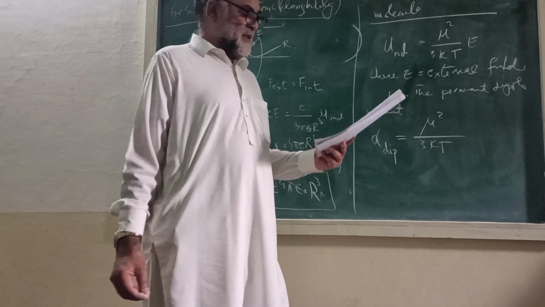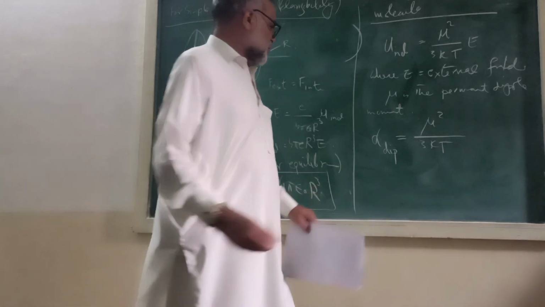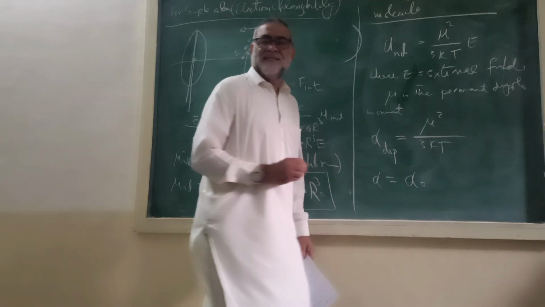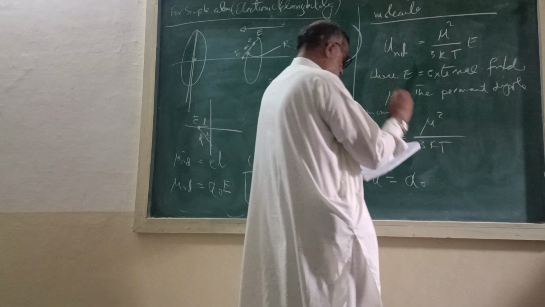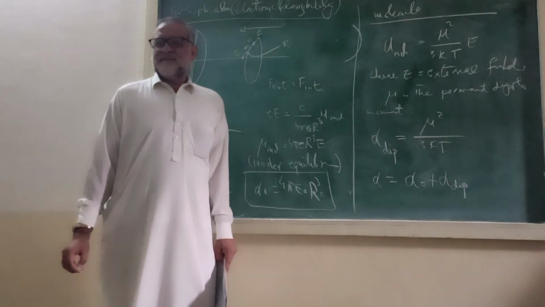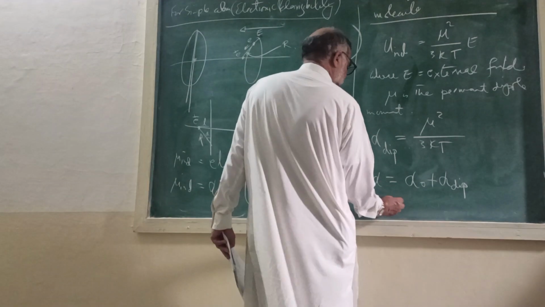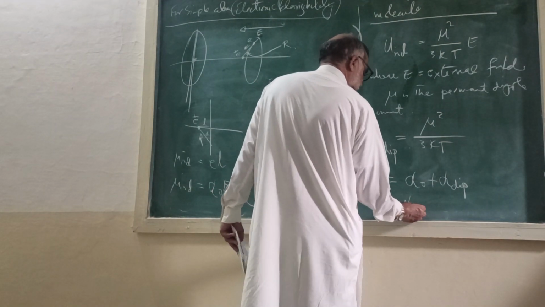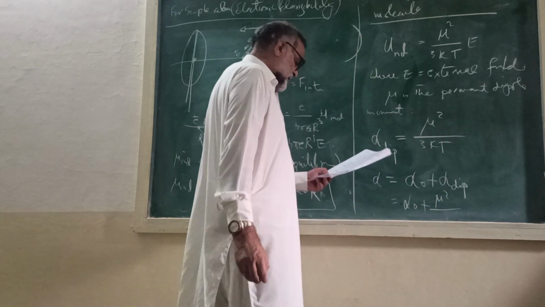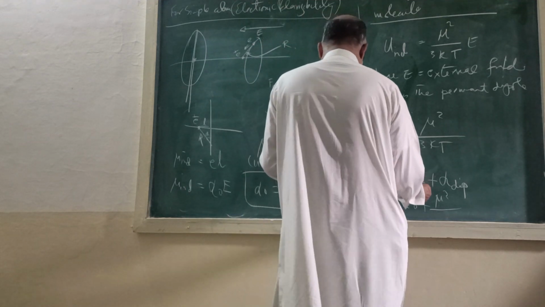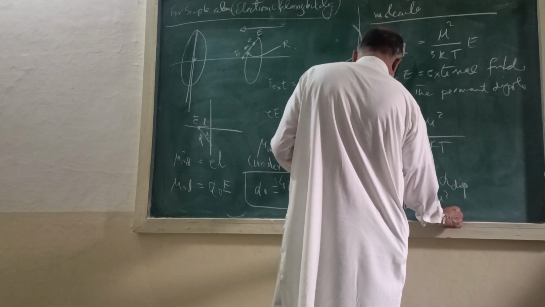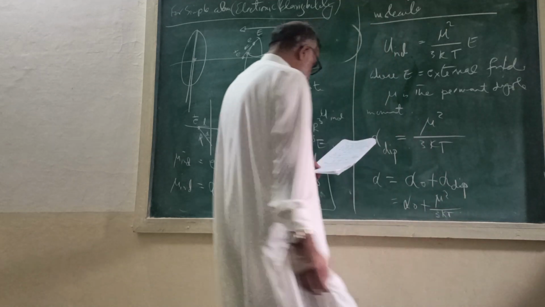The total polarizability will be alpha is equal to alpha naught plus alpha d, and that will be equal to alpha naught, the atomic polarizability without an electric field, plus mu square divided by 3kT.